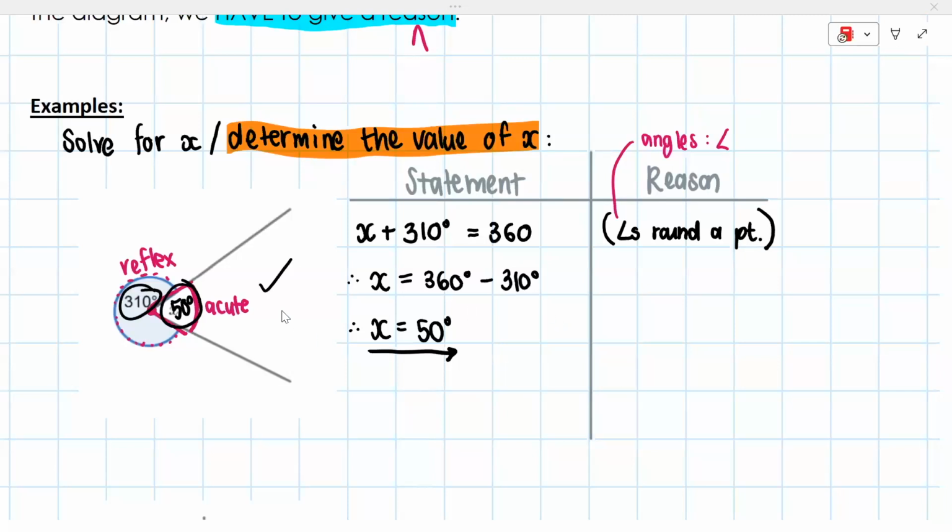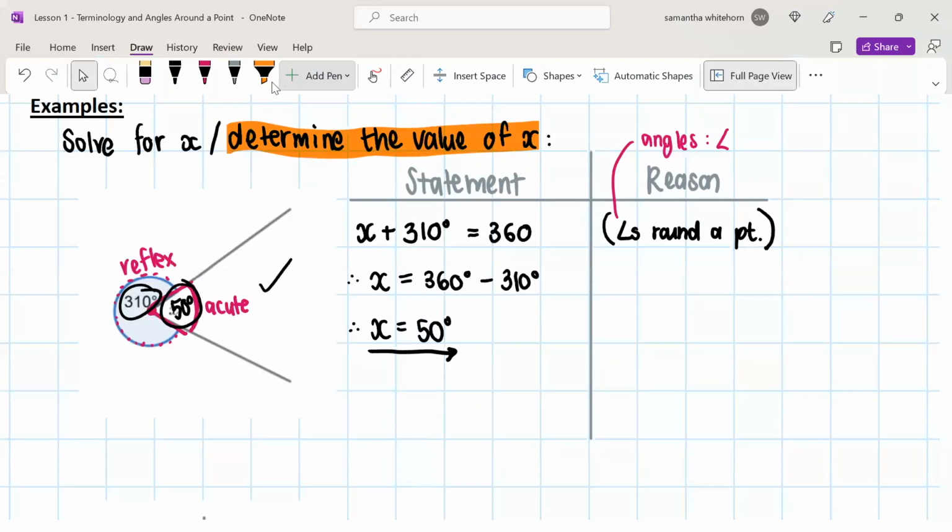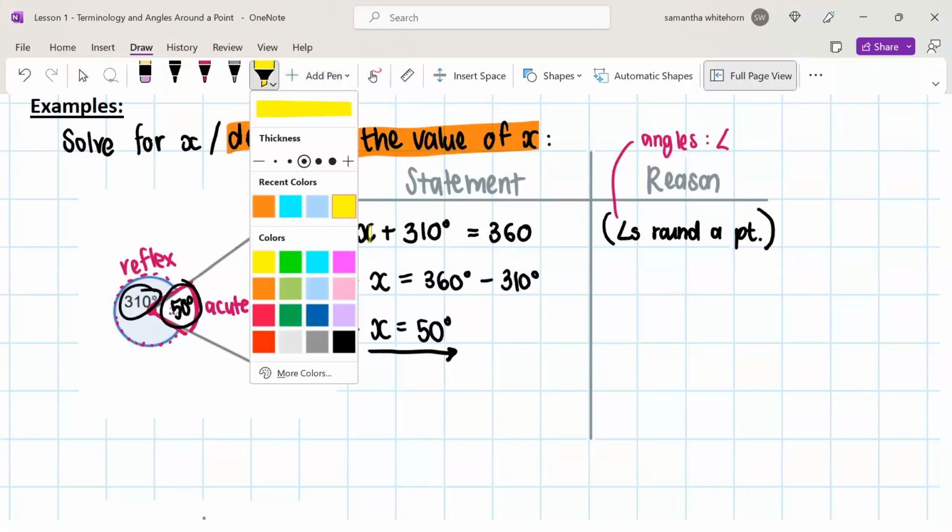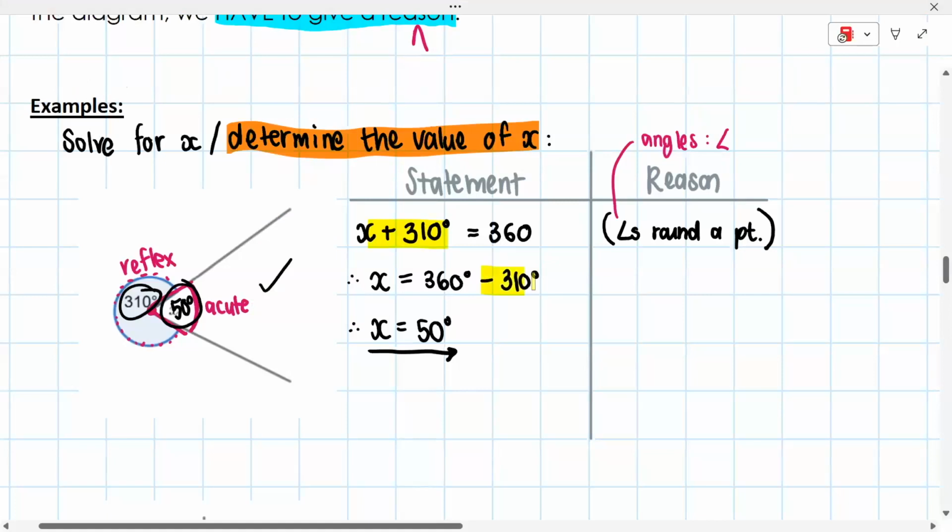How did we get 50? We solved the equation. Grade 8, we really need to listen. So x plus 310 is 360. I subtract 310 because I'm solving for x. 360 minus 310 is 50.